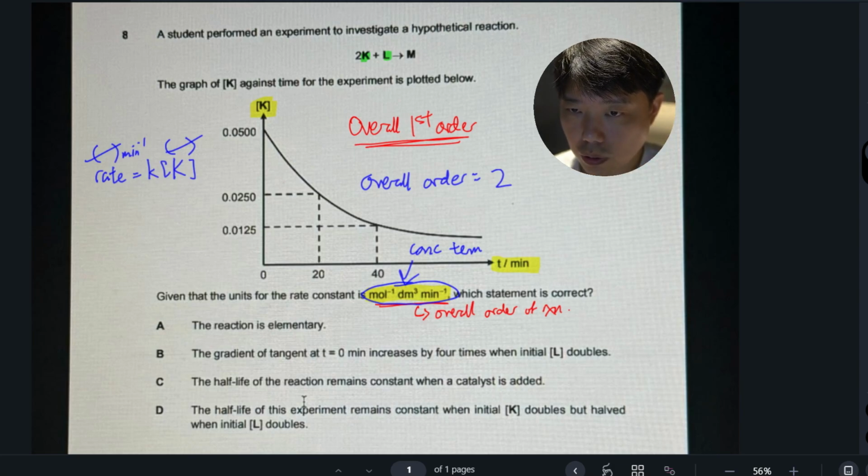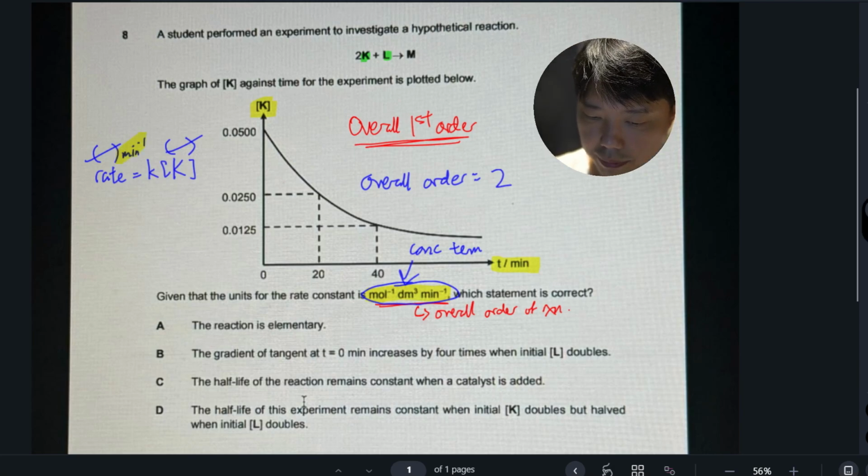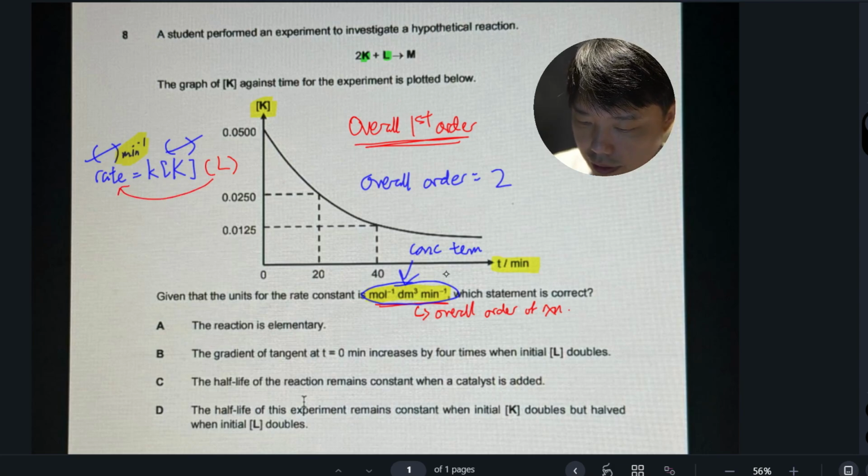Which means that your units of rate constant K is always just per time for overall first order, real first order. Okay, but for pseudo first order, what happens is you now have another concentration term on the right hand side, which presumably is your L. Okay, so when you bring it over, you now have these units because it's an overall second order.